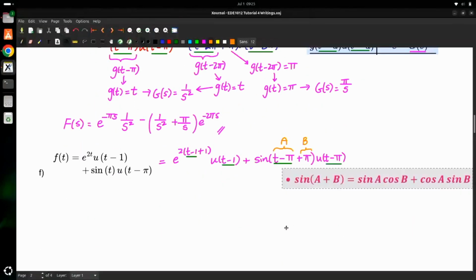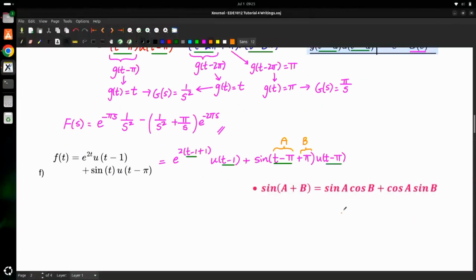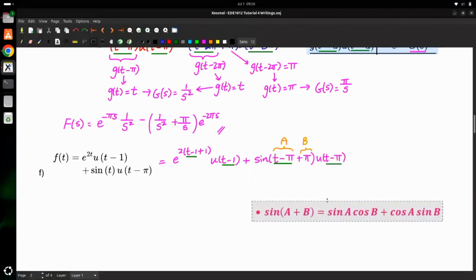So you have to use the compound angle formula, sine A plus B. Hence, you can rewrite this. I just follow through. You write it as sine A cosine B plus cosine A sine B. So it will be sine t minus pi cosine pi plus cosine t minus pi sine pi.